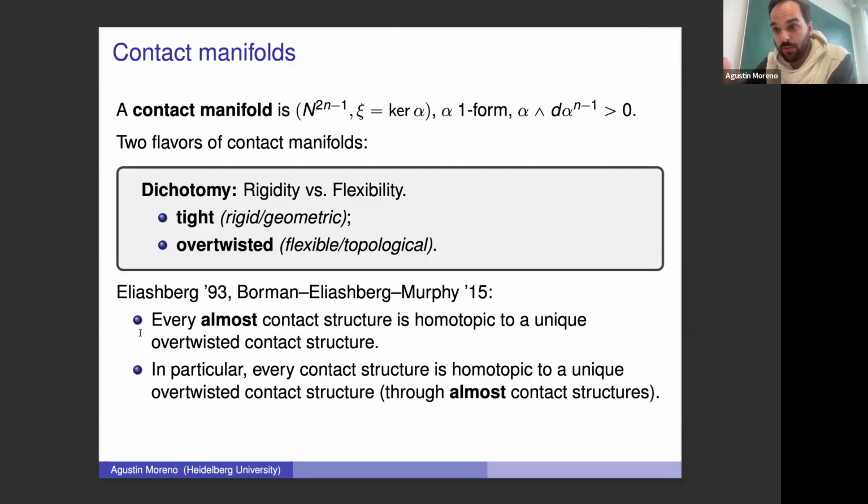I mean, we will actually use these results very strongly in our proof. And in particular, because contact structures induce almost contact structures, every such contact structure is homotopic to a unique overtwisted contact structure through almost contact structures. Okay? So this is the well-known h-principle of Eliashberg and collaborators. Okay, so we will appeal to this very heavily in the proof.